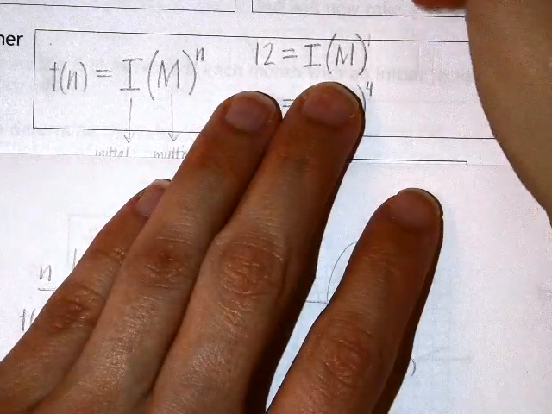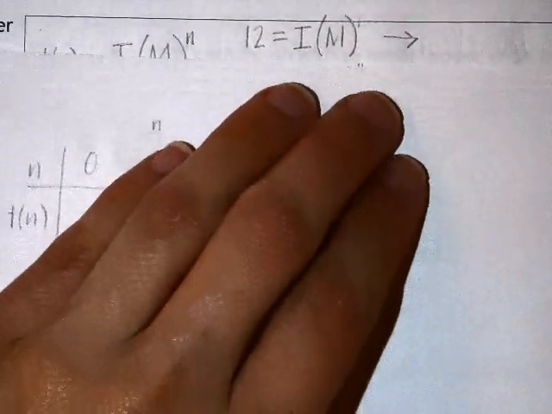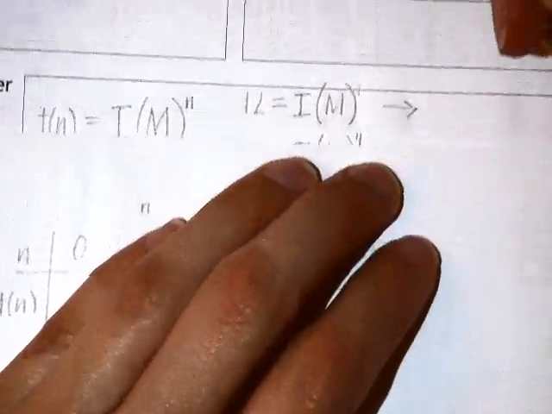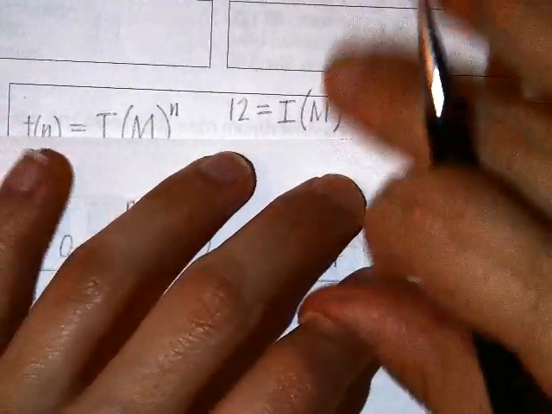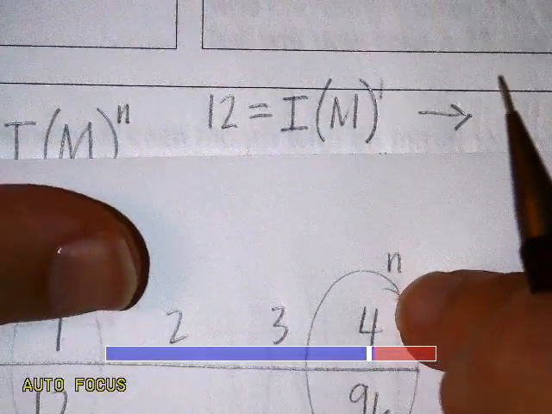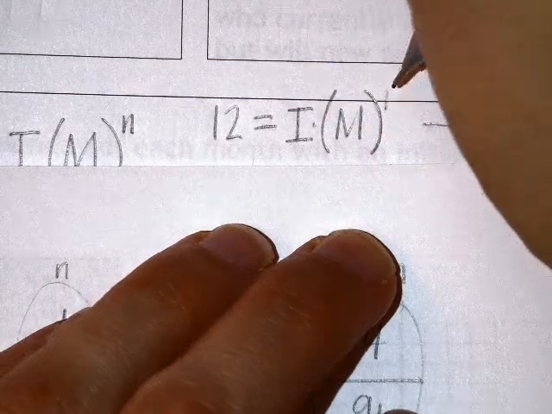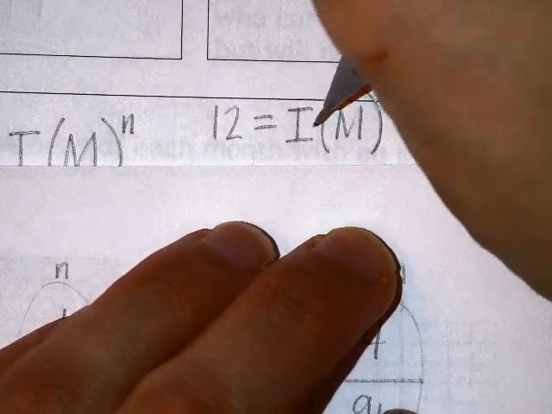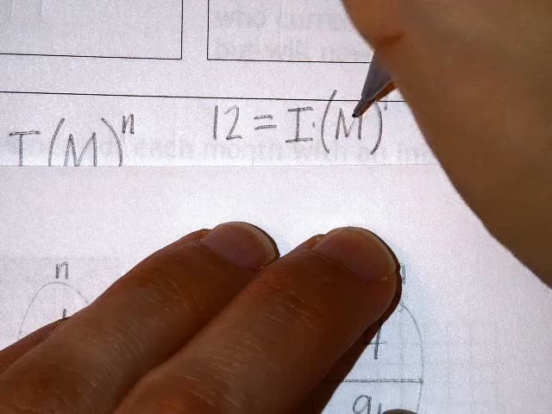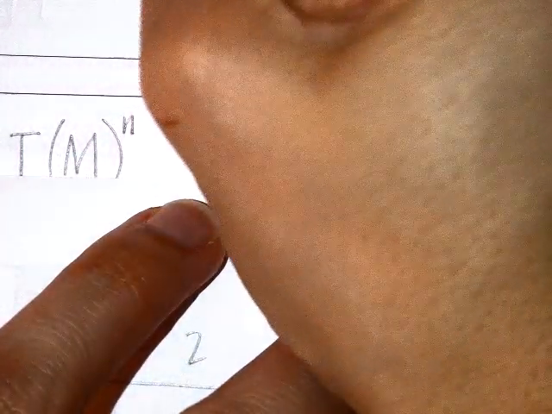So let's try this. Let's try to get I by itself in the first equation so that I can substitute it into the bottom equation. If I want to get I by itself, let's think about what we'd have to do. I is currently multiplying this m to the power of 1, which is just m. So if I is currently multiplying the m, to get rid of it, I want to divide the m to both sides.